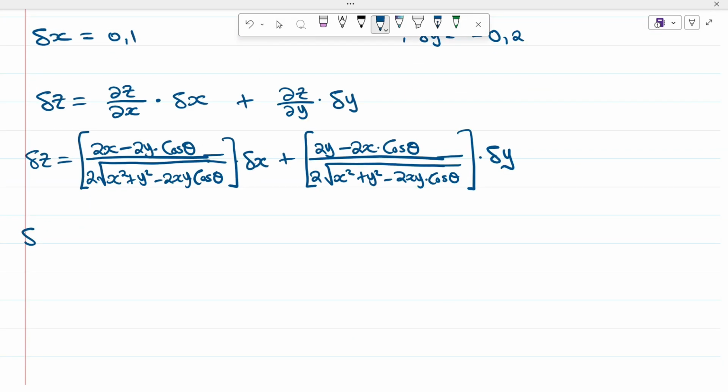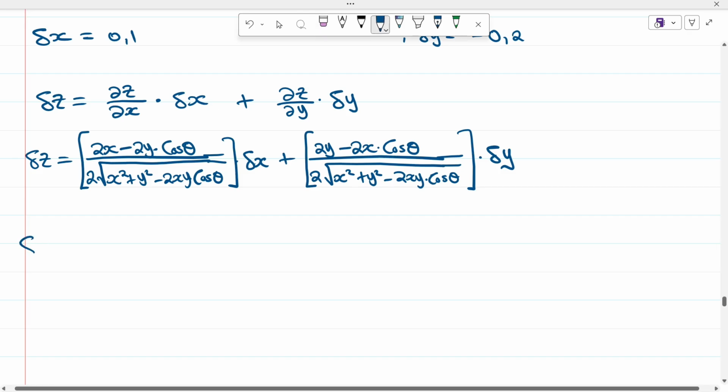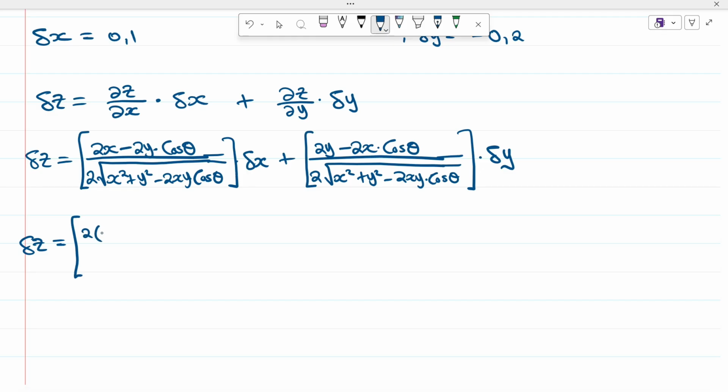So that means our small change in z is equivalent to, now we're substituting x is 10 and y is 15.